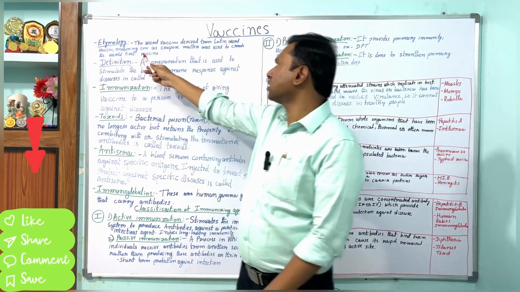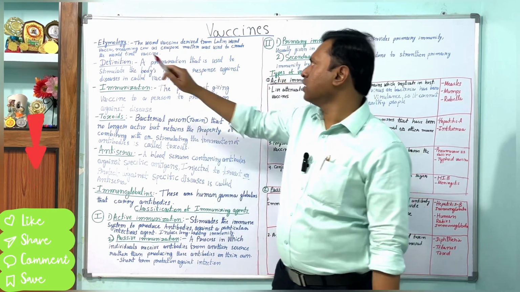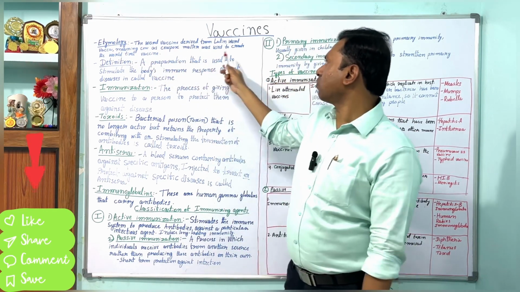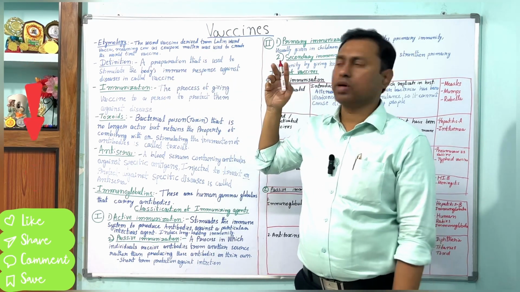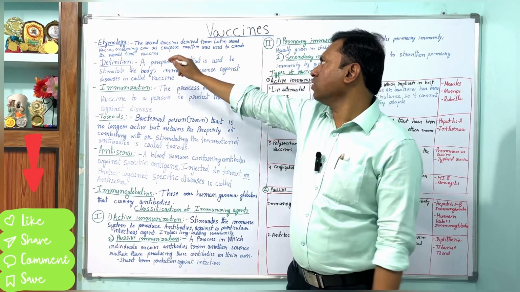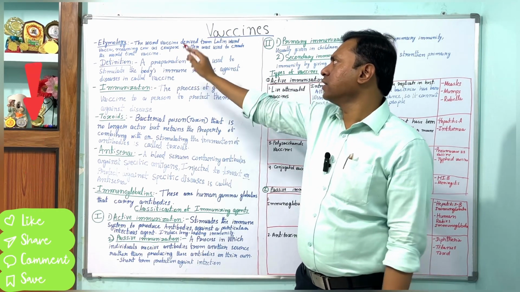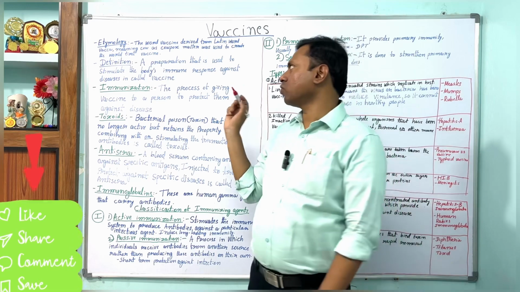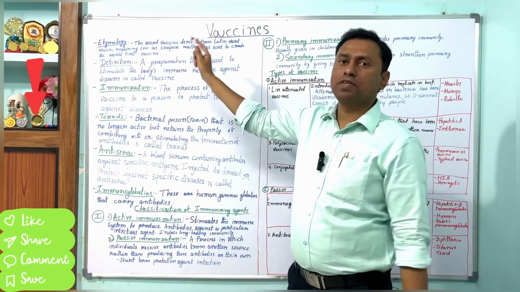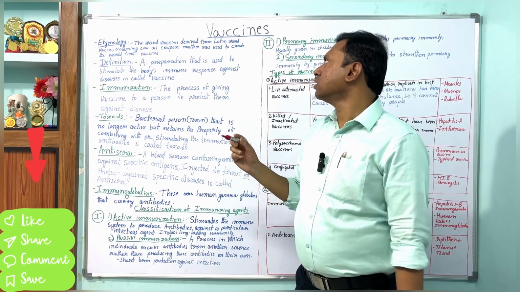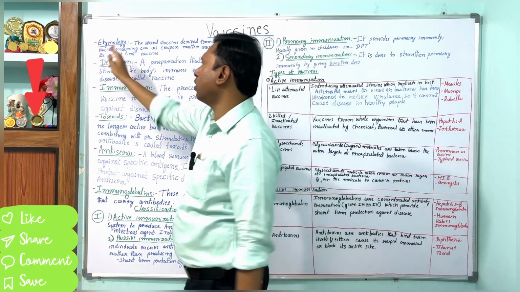In Latin, vacca means cow. Cowpox matter was used to create the first vaccine, and that is why the first vaccine originated from the cow. That's why the name vaccine is given, from the word vacca.